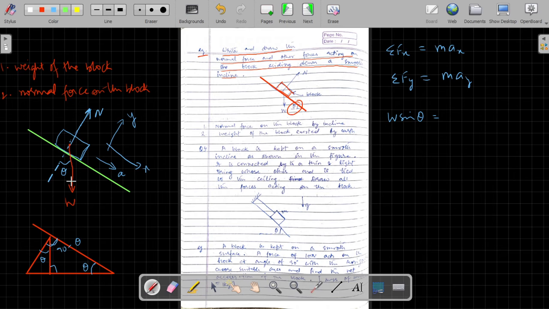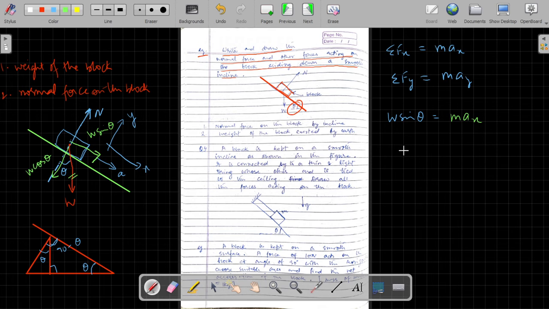How did we find that? We take the components of weight. One component of weight acts along the incline, that is W sine theta, and one component acts perpendicular to the incline, that is W cos theta. So W sine theta is acting along the x-axis, and it is equal to m a_x.